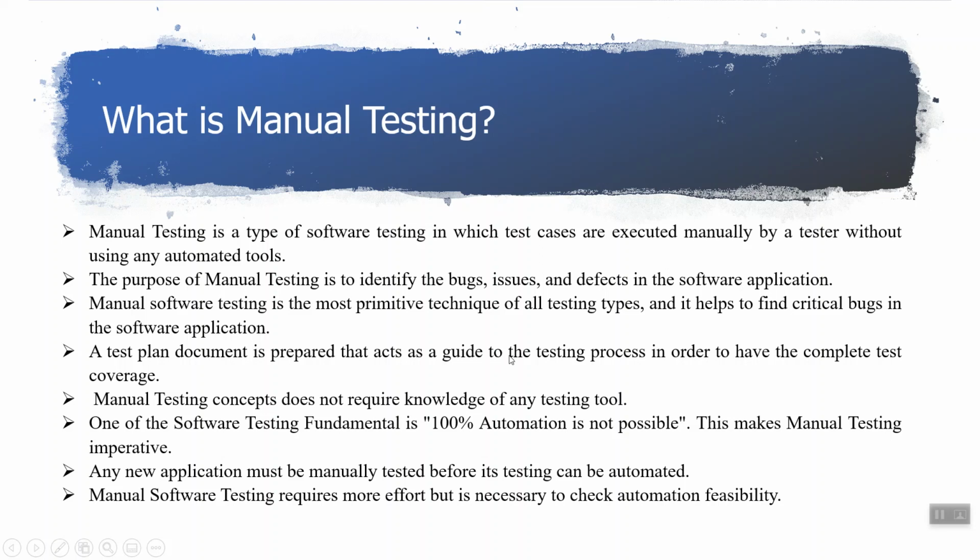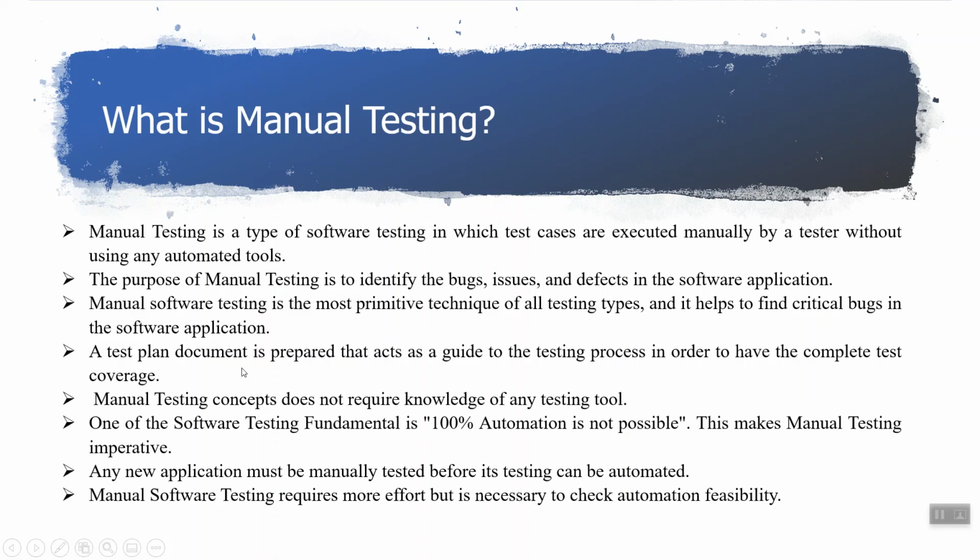The test cases or scenarios are executed one by one by the testers manually without using any ready-made tools, and then results are verified here. So manual testing is the most primitive technique of all the types of testing, and it helps to find critical bugs in the software application.